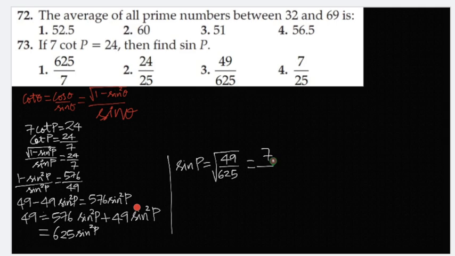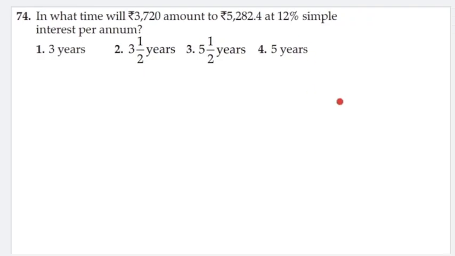It is 25 only. So 7 by 25 will be our answer. So if you see the options here, it is our fourth option, 7 by 25. It is our fourth option. Okay. So our fourth option is our right answer. Now moving to the next question.